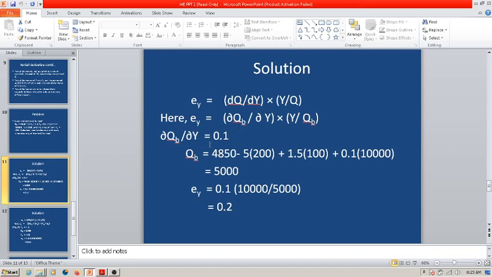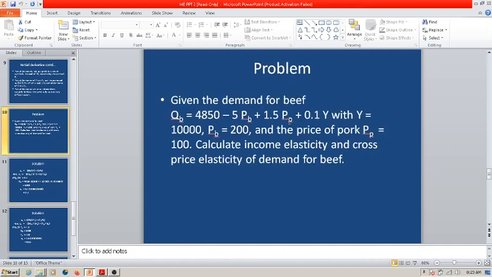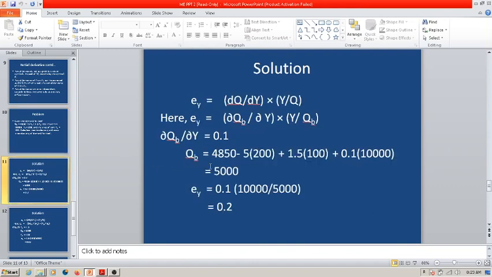Now find out the value of QB by substituting the given values into the expression, the demand function. When you substitute the values for PB, PP and Y, you will get the value for QB, and QB will turn out to be 5000.